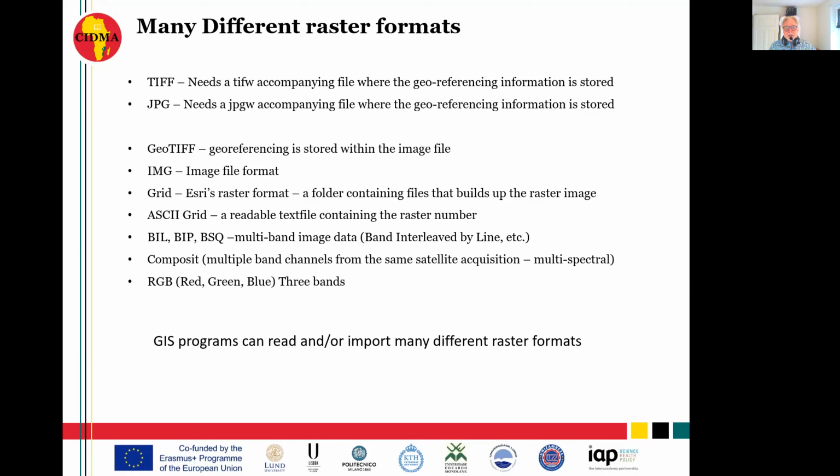It could be maybe an ASCII grid file. That's a readable text file that contains the raster values, and you can see them. And that one also contains the number of columns and rows and the cell resolution.